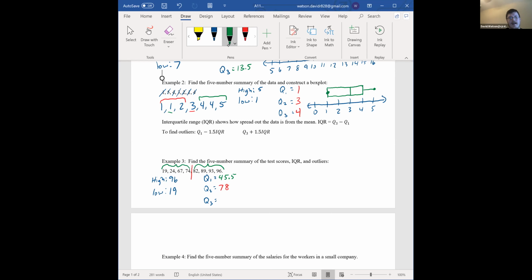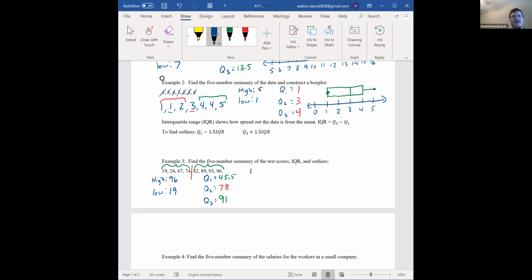And on the top, middle numbers are 89 and 93. So again, add those up, divide by 2, you get 91. All right, so that's the 5-number summary done.